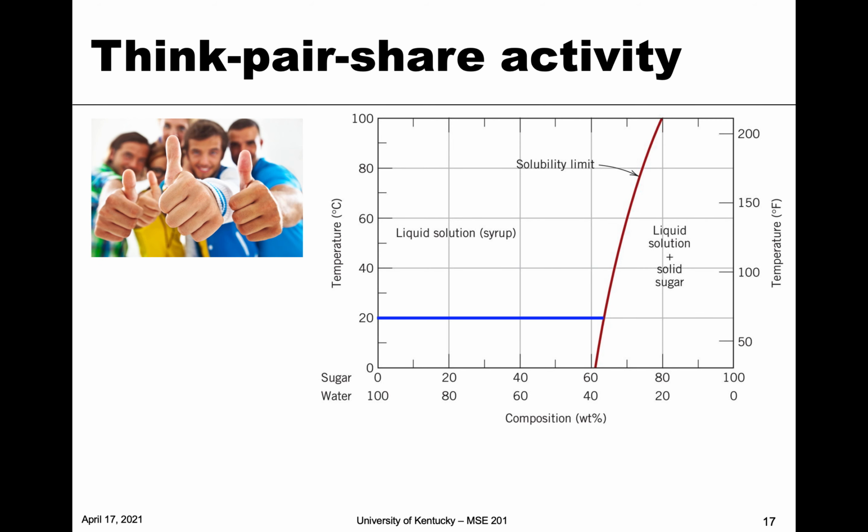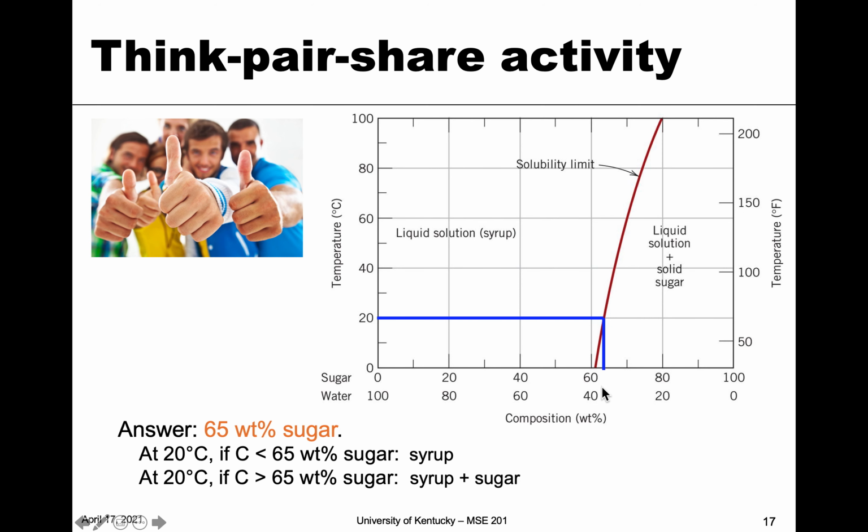So if we draw that in, 20 degrees, follow it over to the line, and we see that that is roughly 65, so not exactly, but around 65% sugar. So again, what this tells us is that anything under 65 weight percent sugar would be a syrup at 20 degrees, and then anything above that would be a syrup plus sugar.